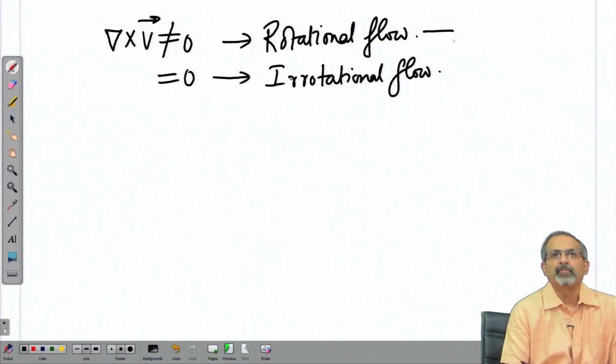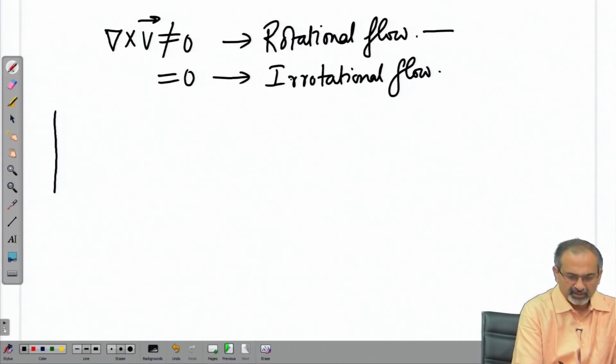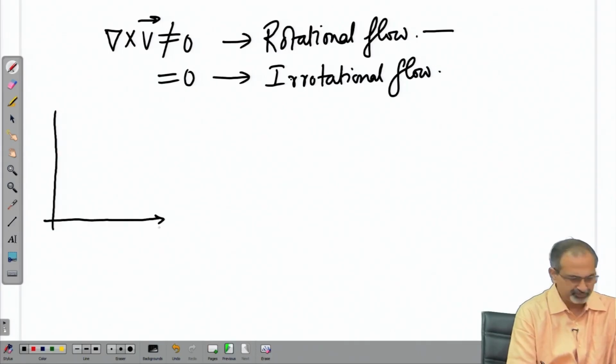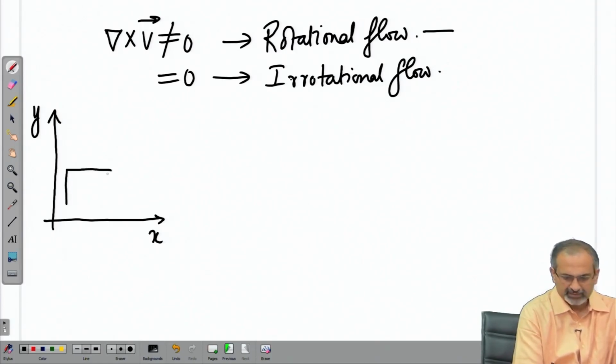Now, how can we conceive it? How can we picturize it? You remember in the last lecture we had drawn a diagram to indicate the angular velocity of a fluid element in a planar sense.